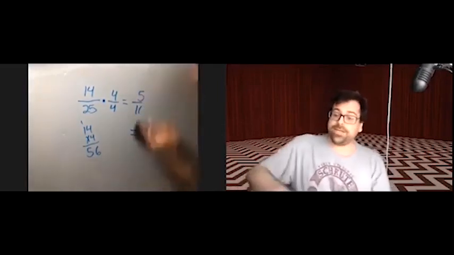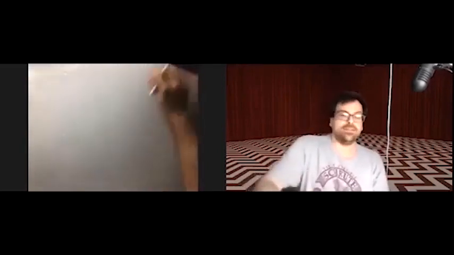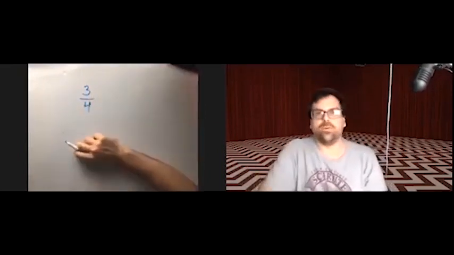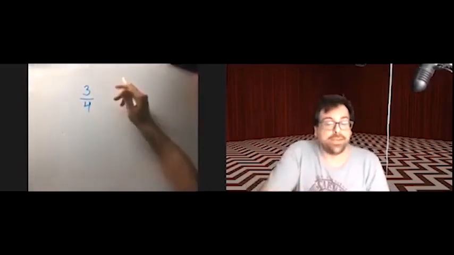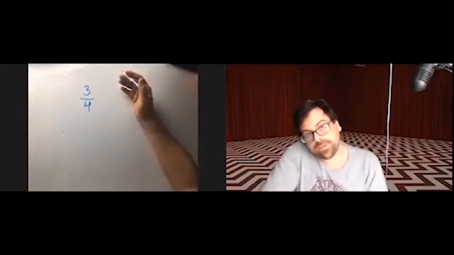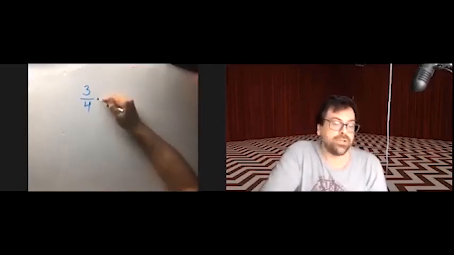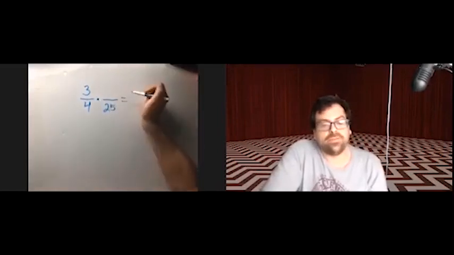Let's see how long we can use this workaround to turn it into the nice power of 10 trick before we have to learn the long way. 3/4. Do we have to learn the long way? Well, the question is going to be, can we multiply 4 by something and get one of our nice numbers? We sure can. We can multiply 4 by 25.